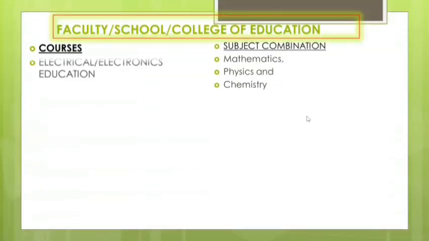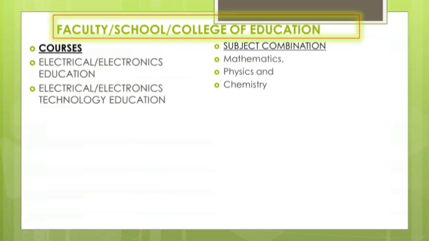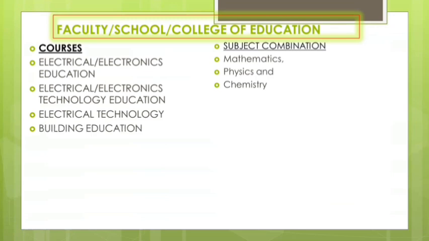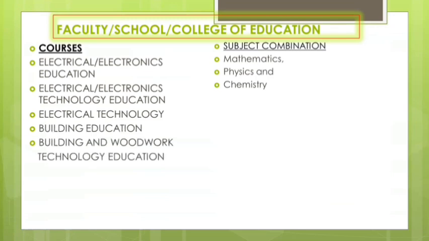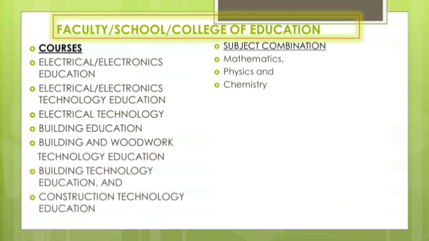For candidates applying for electrical electronics education, electrical electronics technology education, electrical technology, building education, building and woodwork technology education, building technology education, and construction technology education, your JAMB subject combination include mathematics, physics, and chemistry.